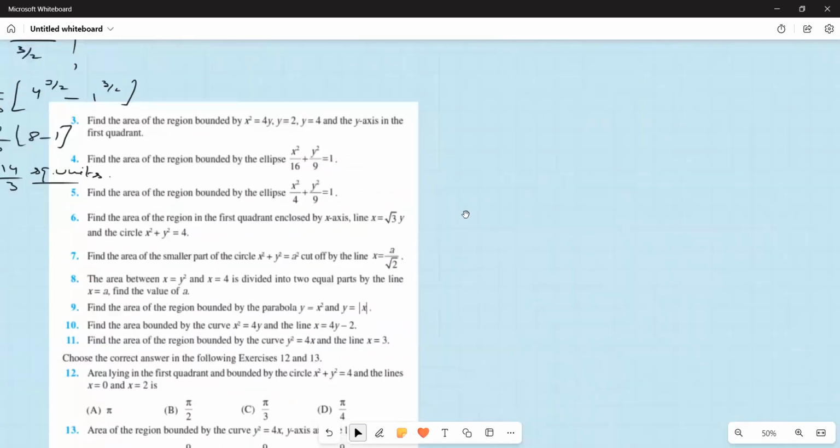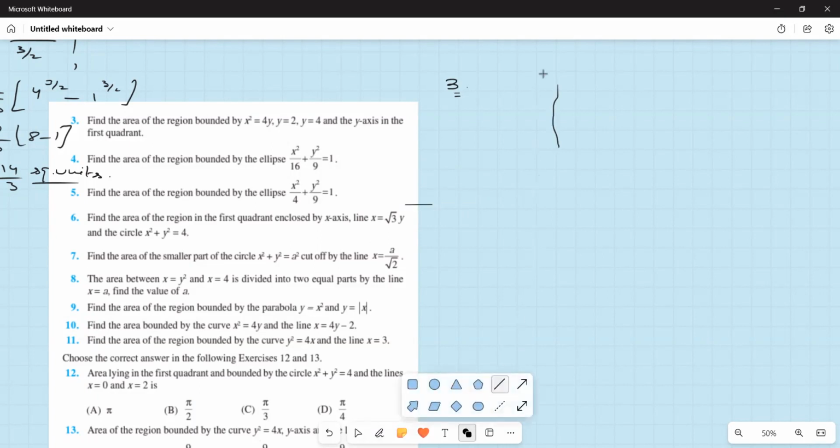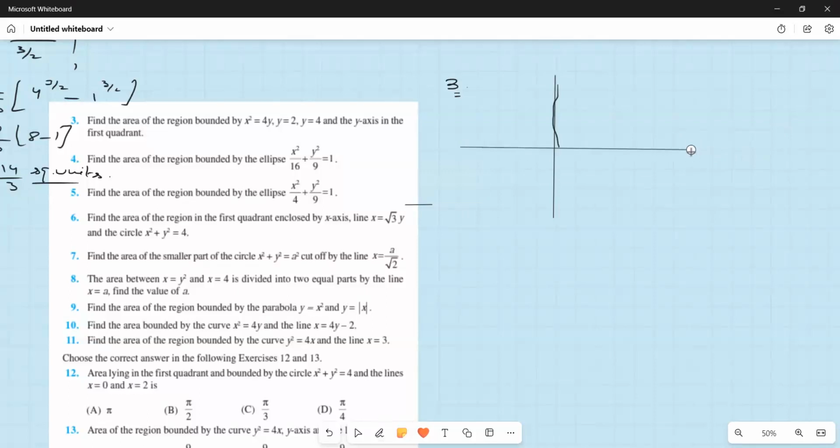Question number 3. Now what does it say? It is the upside parabola. This is upside parabola, x square is equal to 4y.